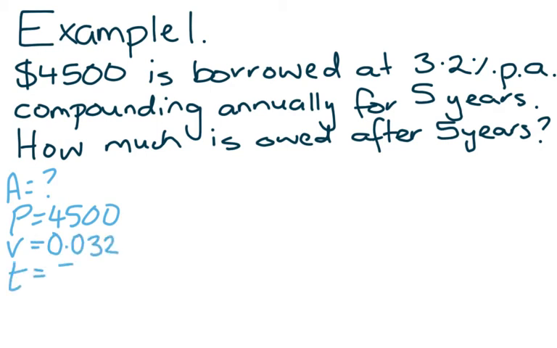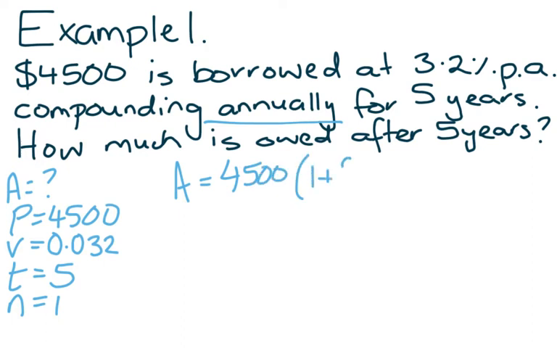T is 5 years. And N, how many compounding periods? It says compounding annually, so that's just once per year. So we have A equals 4,500 times (1 plus 0.032 over 1) to the power of 1 times 5.